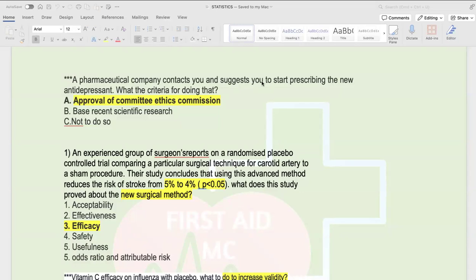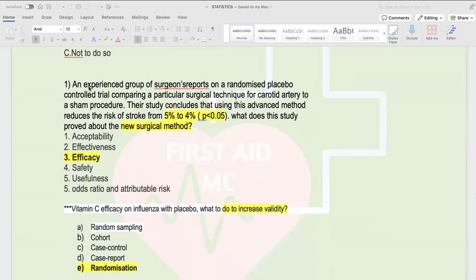So the ethics committee, then the Therapeutic Goods Administration, TGA, are the ones who need to approve the medication before you prescribe something. So the first thing you would look at is whether this medication has got approval from the ethics committee.